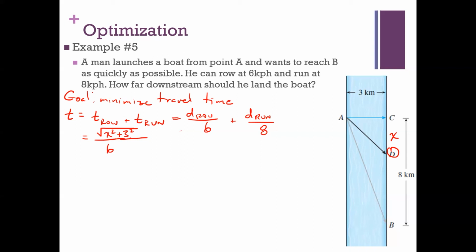Any questions about that? It's not obvious at all where that comes from. So again, they kind of labeled it up here, but I'll make it more obvious with my own labels: this distance is 3, this one's X, so this one here has to be the square root of X squared plus 3 squared.